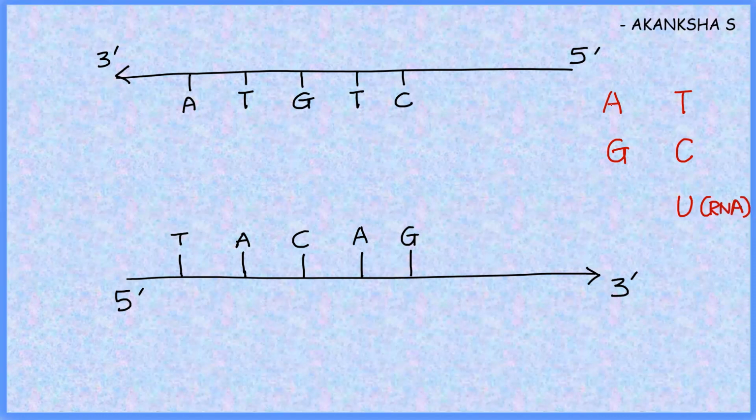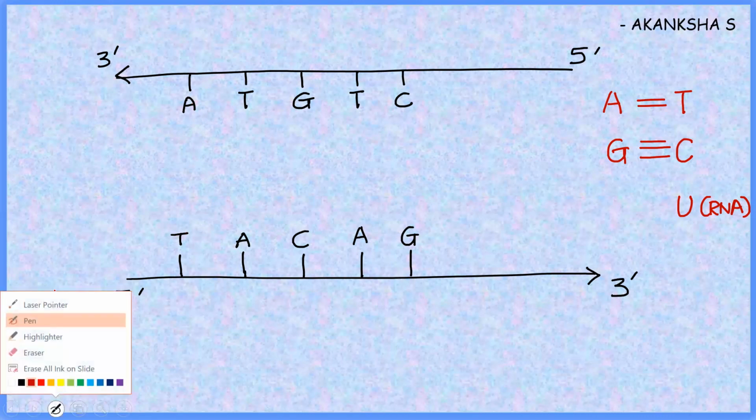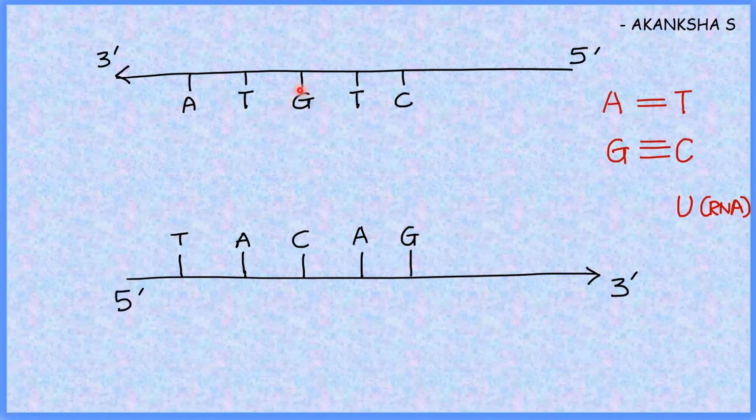Adenine binds to thymine using a double bond. Guanine binds to cytosine using a triple bond. That's why wherever adenine was placed, I have written thymine in the complementary strand. Wherever guanine is placed, I am writing cytosine in the complementary strand.